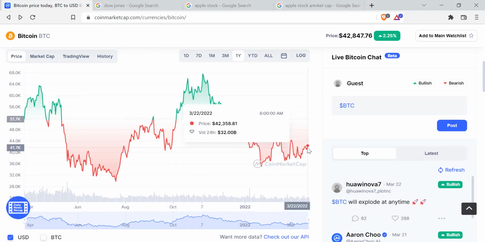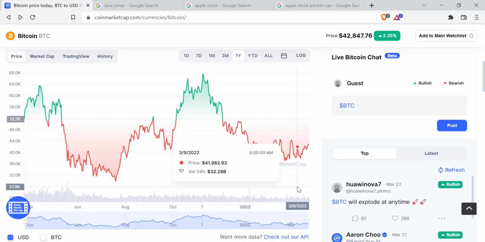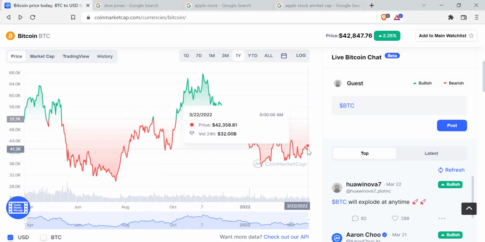So let's say in the other case, the less likely scenario, it will continue to dip, right? But for that to happen, you must have a very, very catastrophic event, something like the pandemic that we saw in 2020, which I don't think so. We don't have that kind of situation.